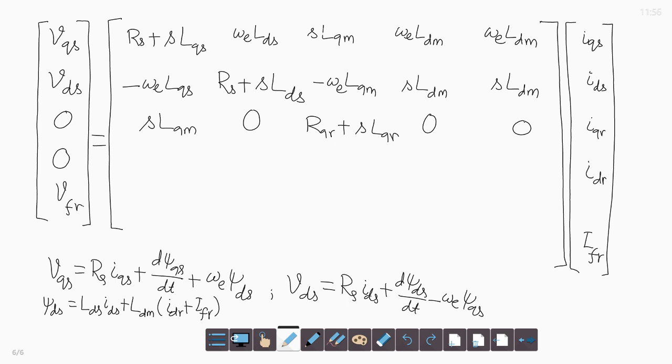In damper winding, in q axis rotor, there is no induction from d axis rotor winding or field winding, only from the stator side it will be there.